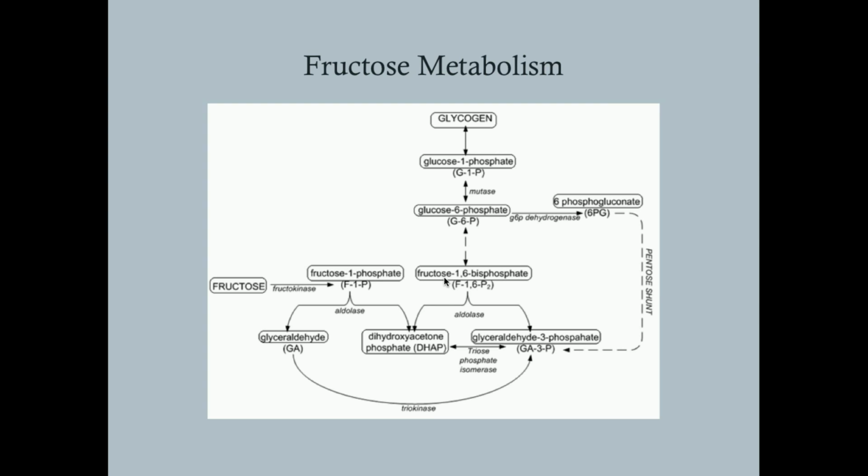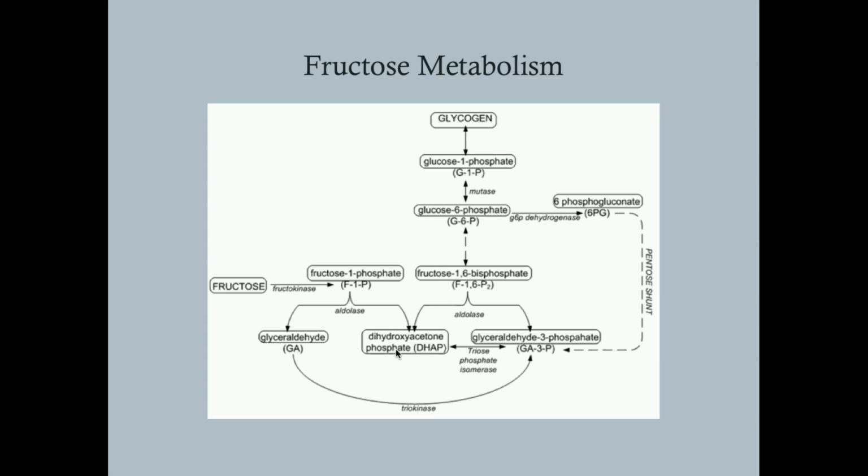The only difference is, while fructose 1,6-bisphosphate, as you know, will be broken down into glyceraldehyde 3-phosphate and DHAP, which are two 3-carbon molecules, the fructose 1-phosphate will be converted into DHAP and glyceraldehyde. So that's the difference, is that we don't have a phosphate on the glyceraldehyde because we only have one phosphate to begin with.